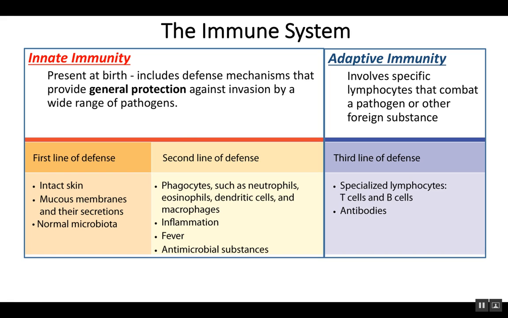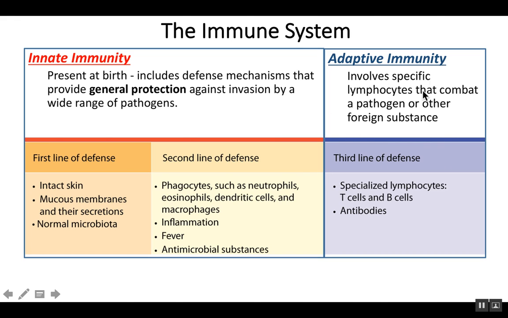Then it has memory. It can remember that it once fought that microbe, and it will remember how it did it. And if it ever gets in again, you'll have immunity to it, meaning you'll have cells there waiting, and your adaptive system can destroy that microbe much quicker the second time it sees it.